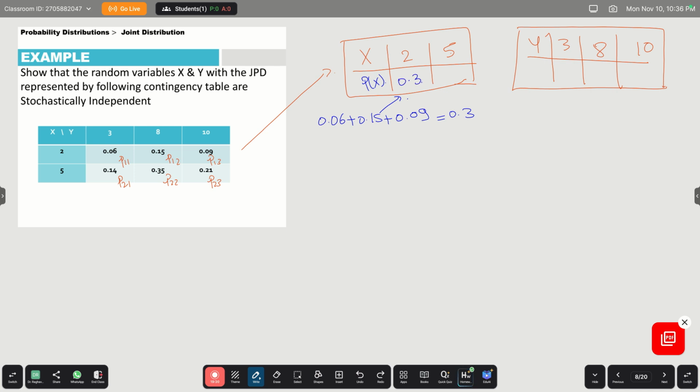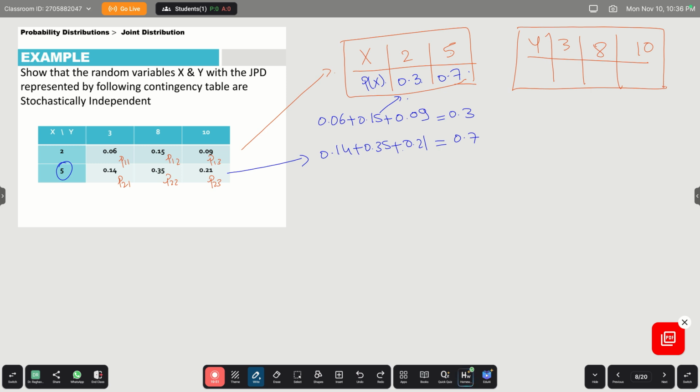And what is the probability that x equals 5? X equal to 5 is 0.14 plus 0.35 plus 0.21, the sum of all the values in the second row. So this is going to be 0.7. So this is the marginal distribution of x.